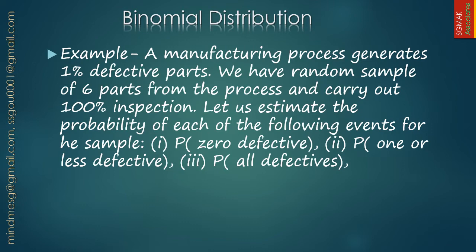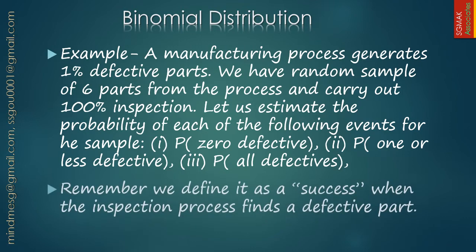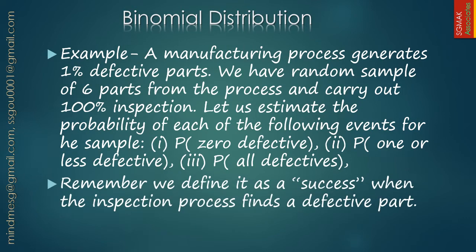We are doing 100% inspection of the sample, and we want to find out the probability of the 3 events that we have defined. Probability you have no defective in the sample, one or fewer defective in the sample, and all the parts are defective in the sample. So let's estimate those. Again, remember we define, in this case, success as when the inspection process.